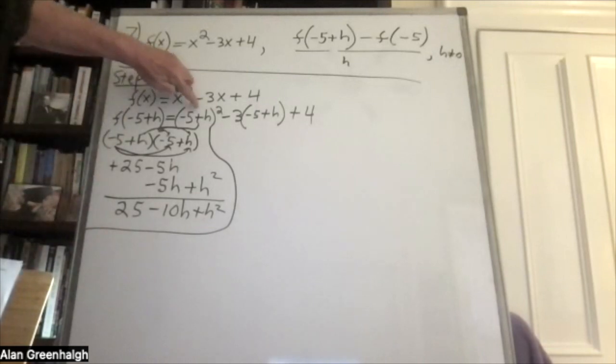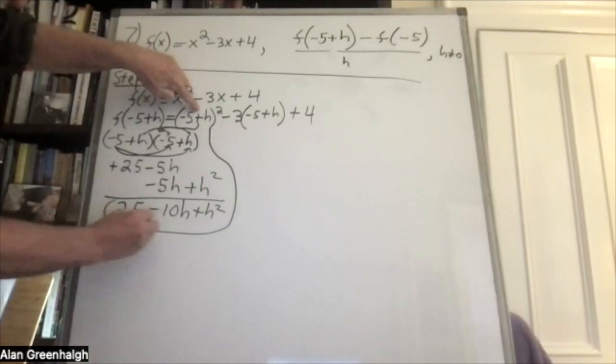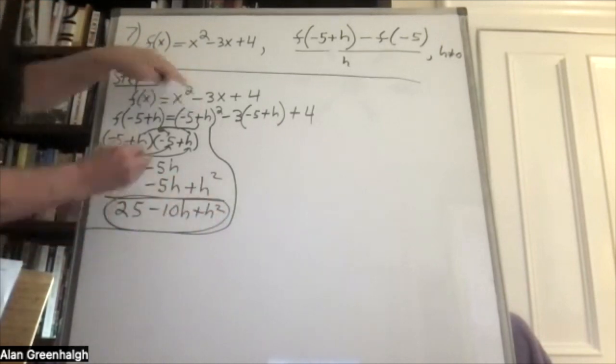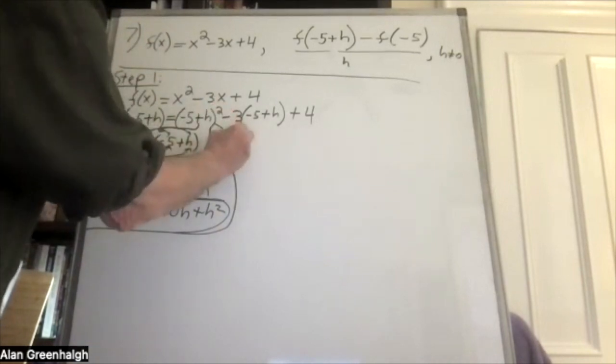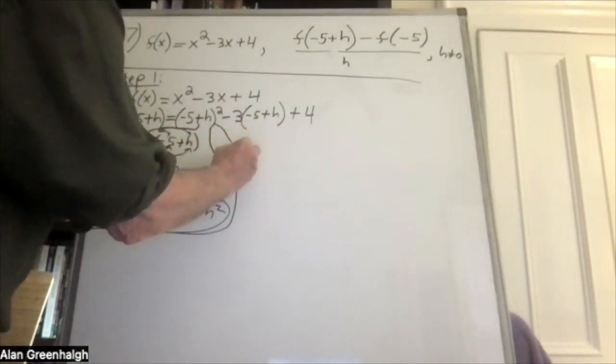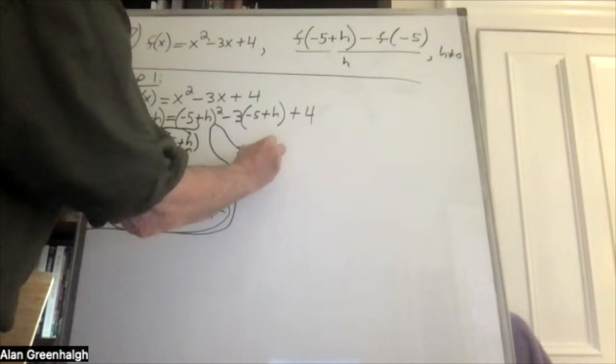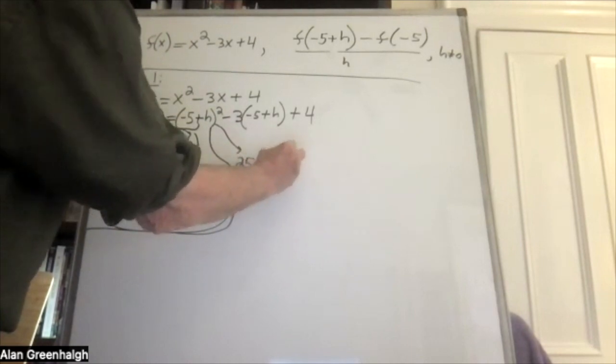So this becomes this. So I'm putting it back here. I'm putting it back as 25 minus 10h plus h squared.